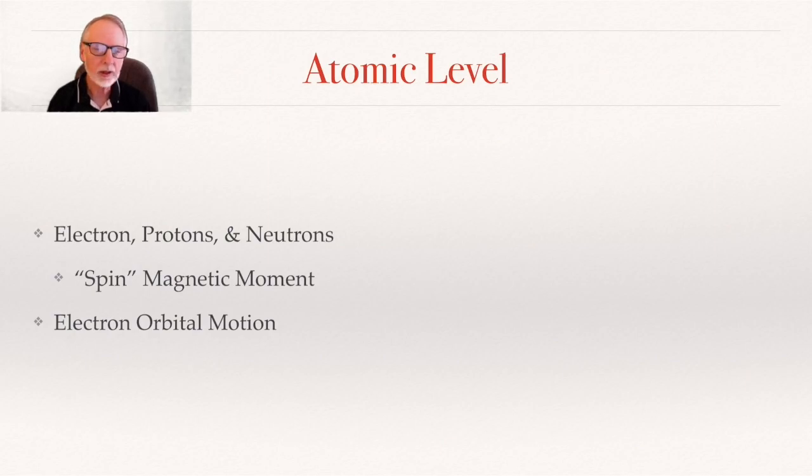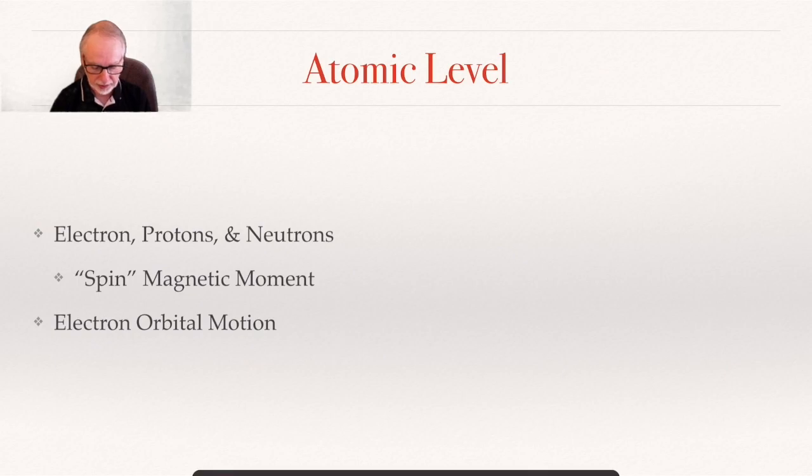All right, so what are the atomic origins of magnetism? We've already talked about the fact that charged particles and moving charged particles create magnetism. So you might expect that when we get to the atomic level, electrons and protons, which we know are charged particles, and therefore the movement of those should create a magnetic moment.